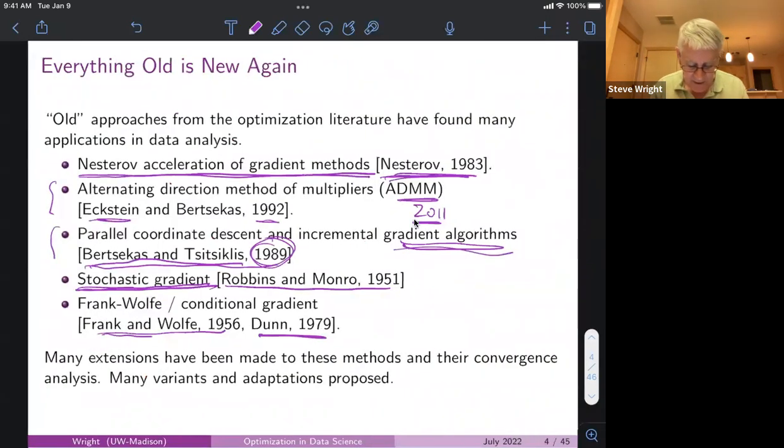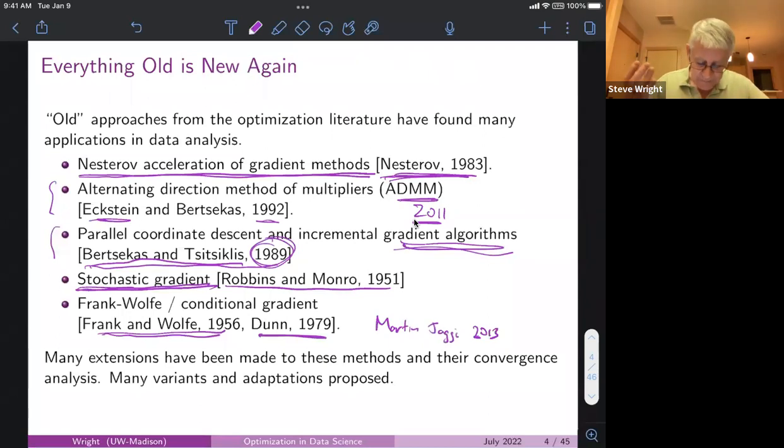But it's one of these things that just sat there for a long time, and occasionally people would work on it, but it didn't really get a lot of attention until there was a paper by Martin Jaggi in 2013, which got a lot of attention and really popularized the use of Frank-Wolfe or conditional gradient methods.